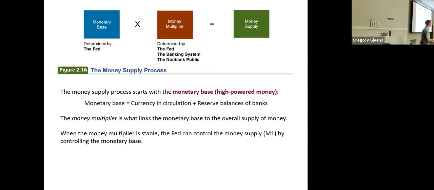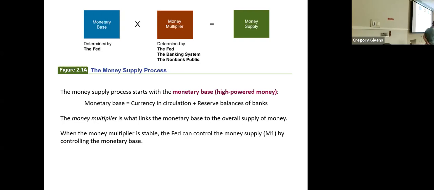It tells us that the Fed could control the money supply perfectly simply by adjusting the monetary base, right? For example, if the money multiplier was equal to 2, then if the Fed wanted to increase the money supply by $2, all it would need to do would be to increase the monetary base by $1.